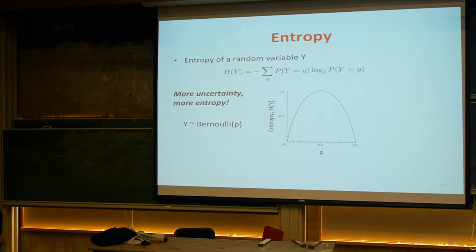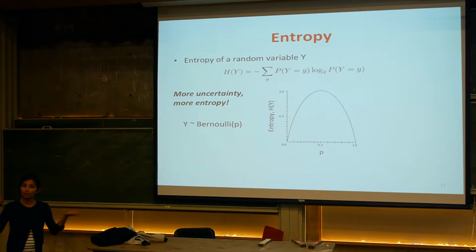So for the Bernoulli distribution, you can look at what the entropy looks like for different values of p, and it looks like this. And this should make a lot of sense because when p is 0 or 1, what's your Bernoulli random variable? It's really deterministic, right? It's always either 0 or 1, or the probability of it being 0 or 1 is 1. So in this case, you're very sure of what your random variable is.